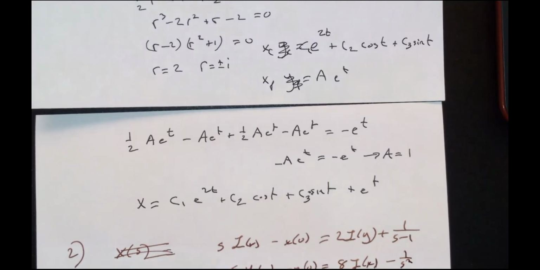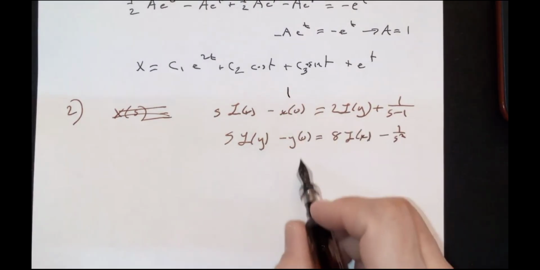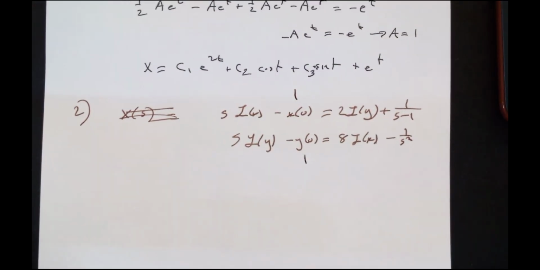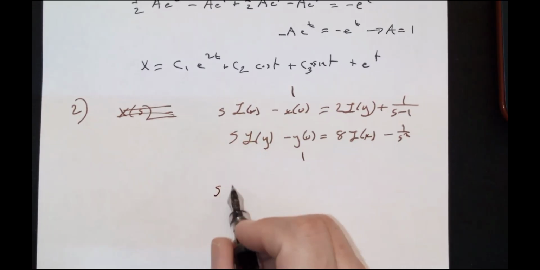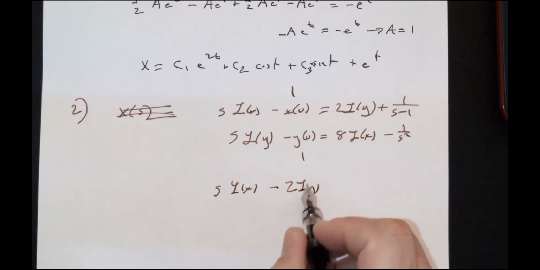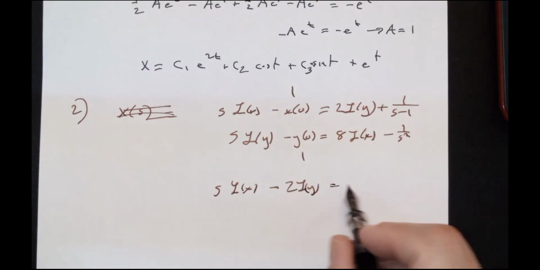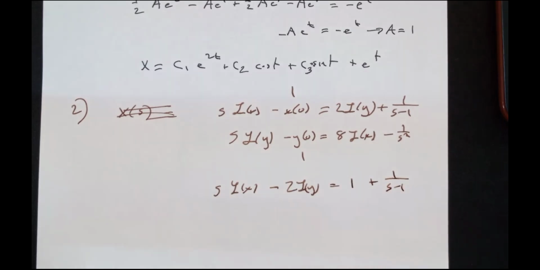Okay. Here's the fun part. If I want to think of this as something that I can do a matrix with, what was x of 0? Okay. And y of 0? Awesome. Great. So I get s LX minus 2 LY, move that over, equals 1 plus 1 over s minus 1.